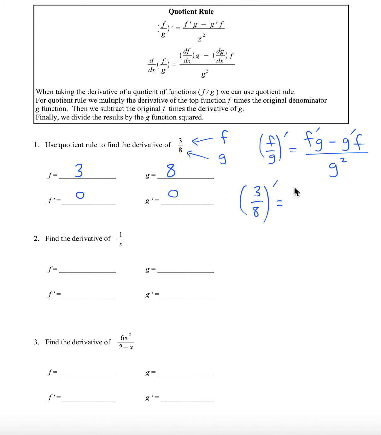So f prime would be 0. That's this. Now we have to multiply by the original g, which is 8. That's this. We have to subtract g prime, which is this, and then multiply by the original f.